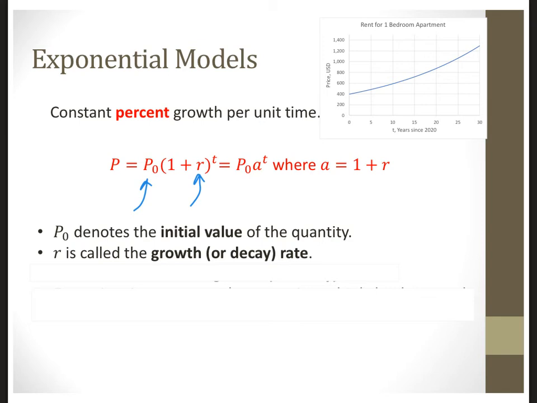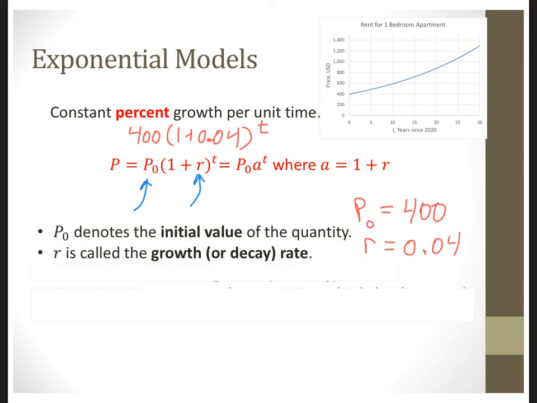In the example that we were looking at, P0 was 400, and R was 4%, which we can write as a decimal as 0.04. And that's what gave us this model of 400 times 1 plus 0.04, all raised to the t. Just by knowing the rent in 2020 and the inflation rate, that was enough for me to come up with a model to project what the rent would be in any year.